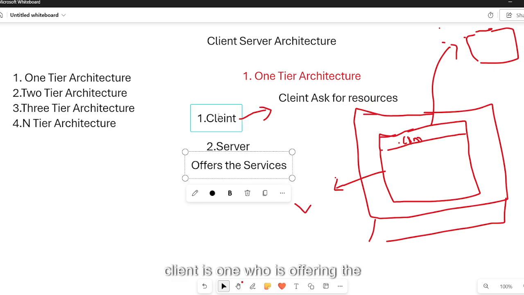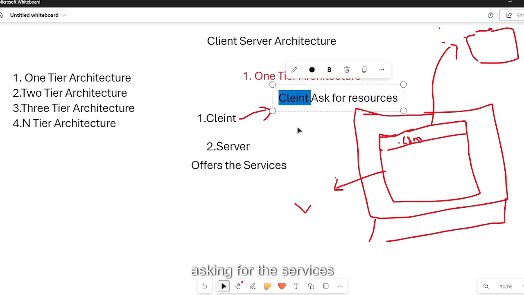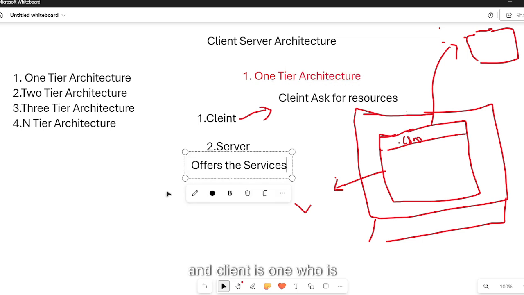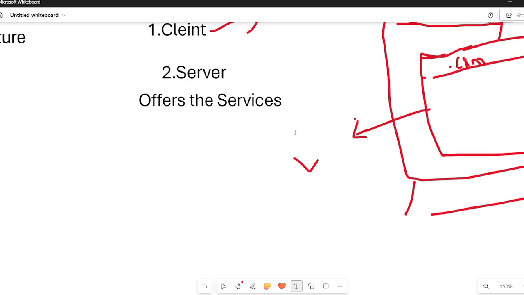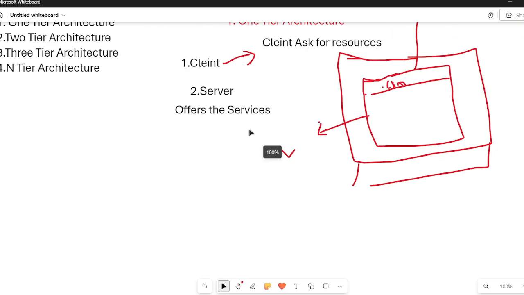Another way we can conclude this is that the client is the one who is asking for something, the one who asks for the services. The client asks, and the server gives.